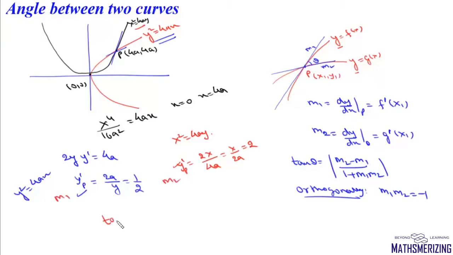We can find tan theta as m2 minus m1, so 2 minus 1 by 2, upon 1 plus m1 m2, which is 1 plus 1. So it'll be 3 by 4. So angle between these two parabolas at this point of intersection P is tan inverse 3 by 4.